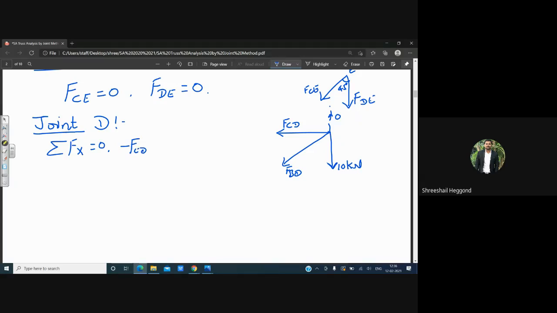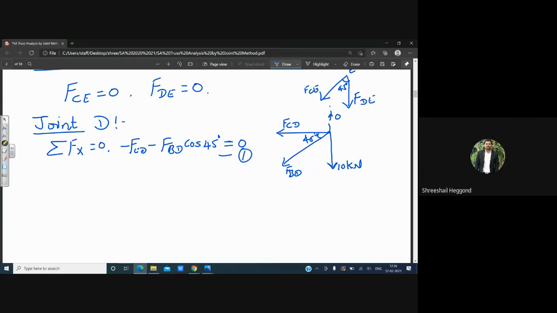And minus FBD is also acting towards the left, and this angle is given already in the diagram, which is 45 degrees. Therefore, FBD cos 45 degrees. Any other components to be calculated in the x direction? There are none. There are two unknowns in the one equation, therefore you cannot solve. Keep it as equation 1.